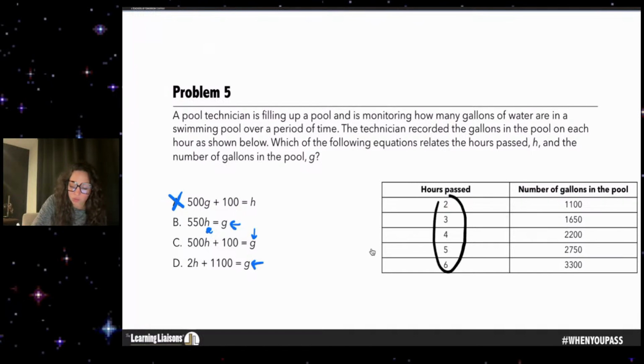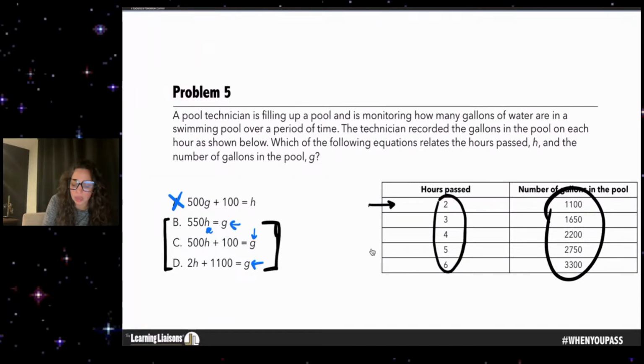Plug in a random hour into each of these equations and see if it spits out the right answer. So I don't ever like to pick the first one because sometimes they will create multiple equations that equal the first one, but then they won't equal the rest of them. So I always like to pick something in the middle. I'm going to pick 5.